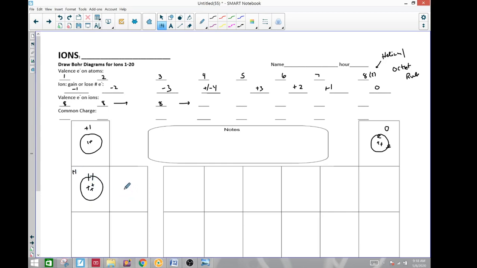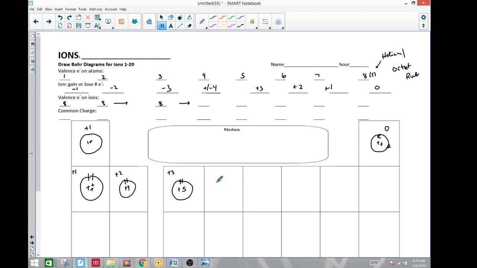Alright, 4 positives, and in this case, that's it, so plus 2. And then we got 5 positive protons, and it's kind of strange, but it still only has 2 electrons. It lost 3 of them. So plus 5 minus 2 is a plus 3.